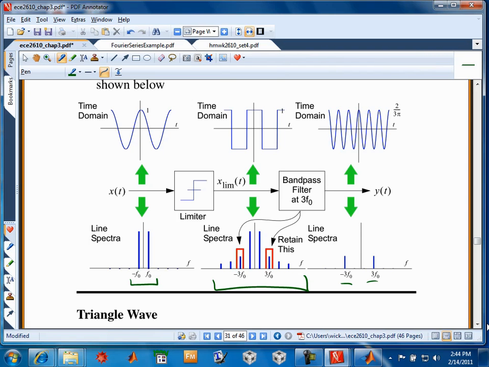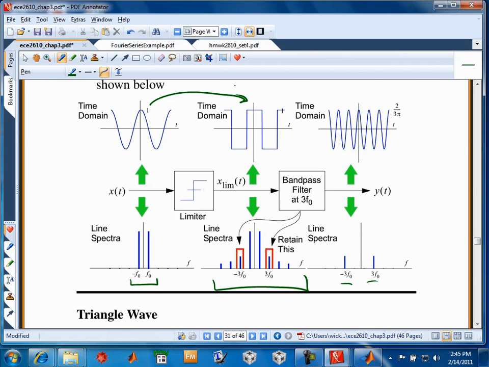So understanding the nature of the Fourier series representation is critical to being able to make this frequency tripler work. If the square wave didn't have the third harmonic, what would we have to do? If the limiting or clipping circuit, going from sine to square, didn't generate harmonic components at the third harmonic, this technique would not work.